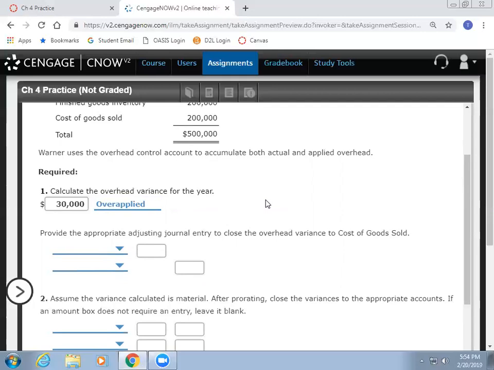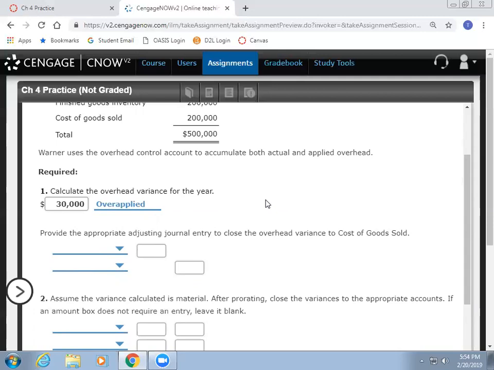Basically what that means is we overcharged our customers. Oops. Our bad. So at the end, when we calculate this variance, that over or under applied always goes as an adjustment to cost of goods sold. In this case, we over applied, so it's going to offset cost of goods sold.